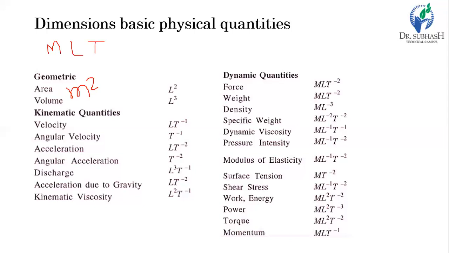Area is meter square, and meter is the unit of length, so it uses length 2 times. M is 0, T is 0, and a zero parameter does not need to be written. So area is represented as L2. Then volume is meter cube, so it uses the length parameter 3 times.